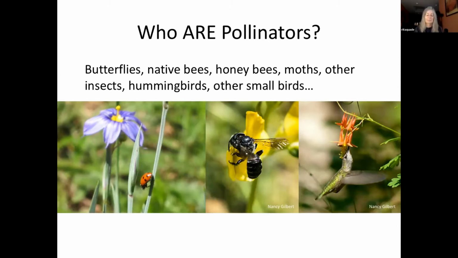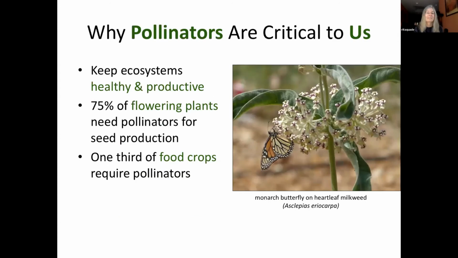So these are the creatures that pollinate the plants, that carry the pollen from one flower to another of the same species. These are butterflies and our native bees, which includes honeybees, moths, many other species of insects, hummingbirds, and other small birds.